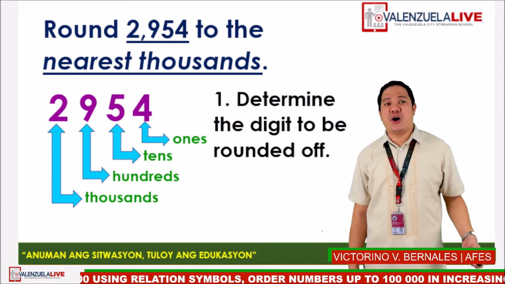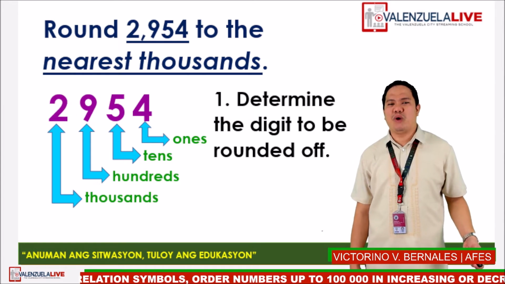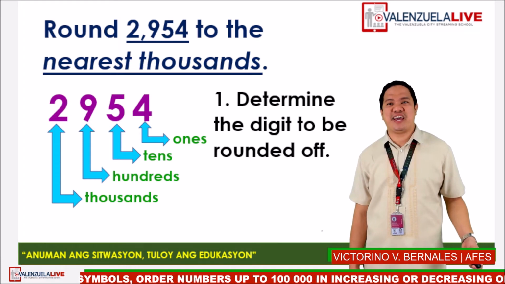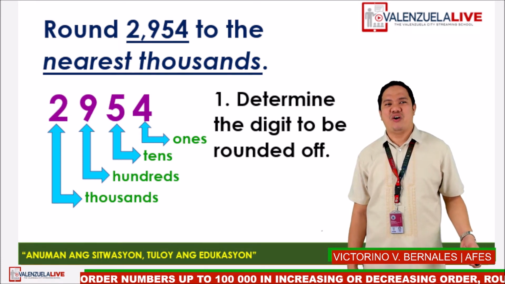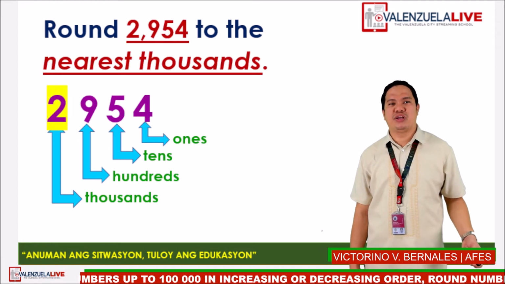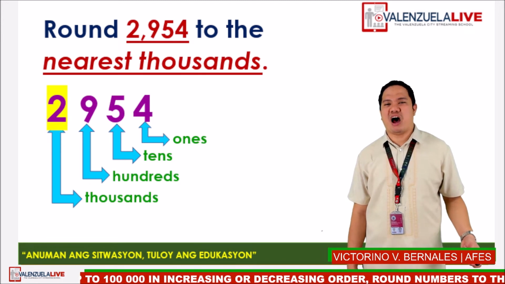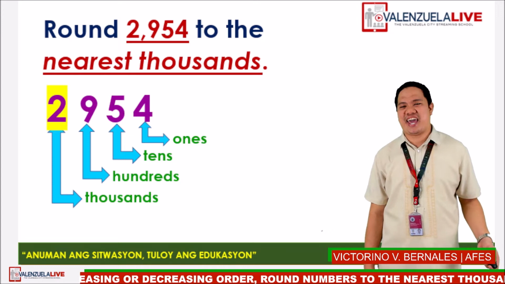Based on our illustration, what digit is in the thousands place? Very good. 2 is our rounding digit because it is in the thousands place.